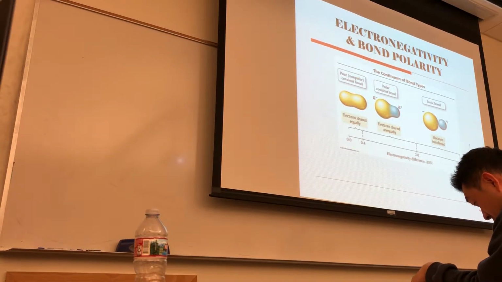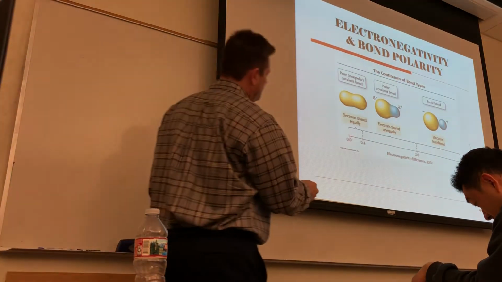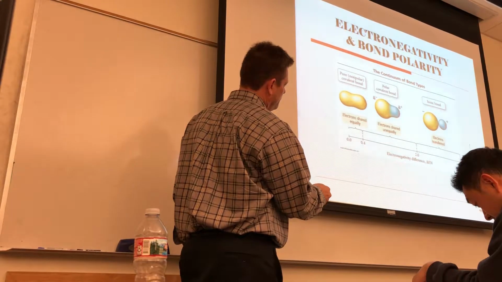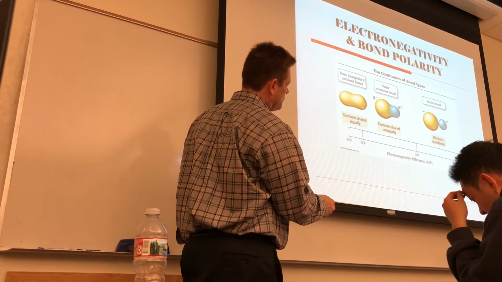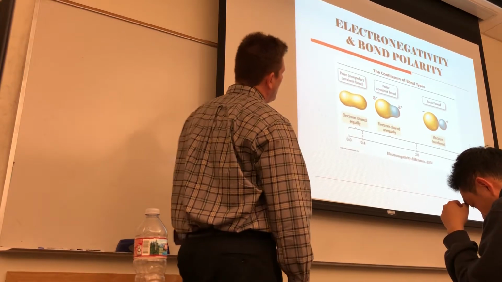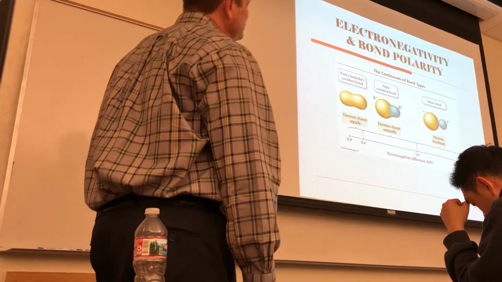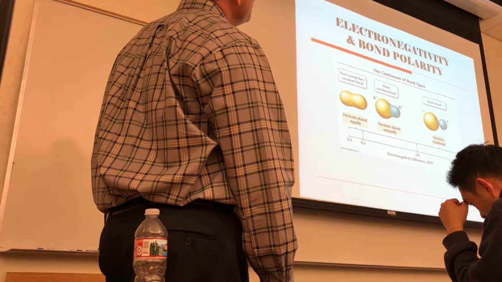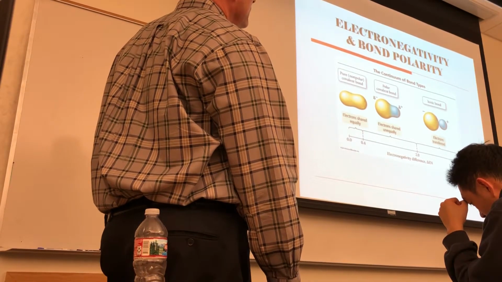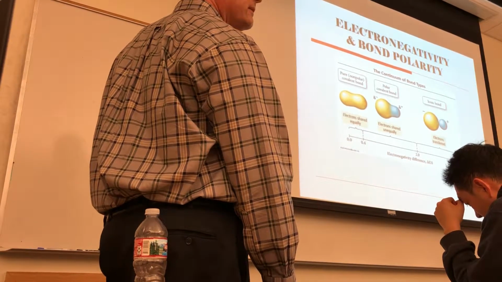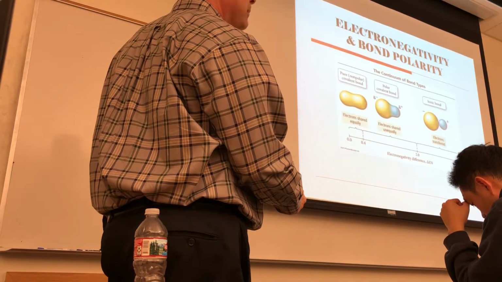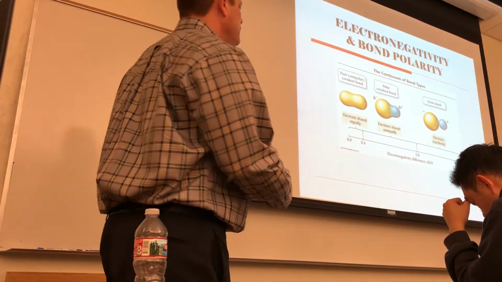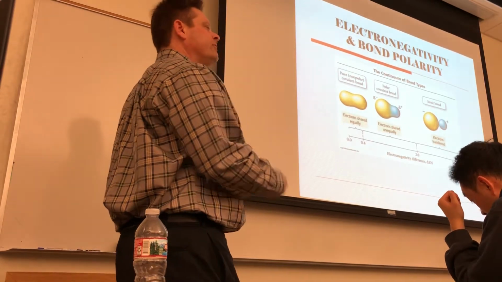Quick question, if your electronegativity difference lands right on 0.4 or right on 2.0, do you say both or do you choose one? Is there one that you should lean towards? On a multiple choice, give the best answer that's given in the A, B, C, D. On a problem that you solve, just state why you did whichever you do.